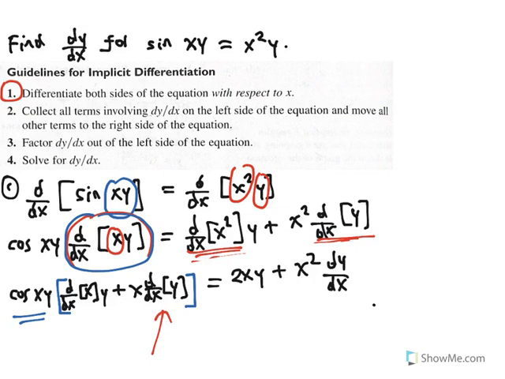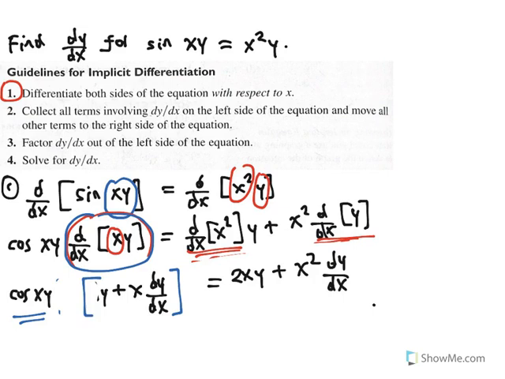The derivative of y with respect to x, that is dy dx, what we're looking for. So we will replace that with dy dx. And what is this derivative? The derivative of x with respect to x is 1. So we just have 1 times y, or just y.